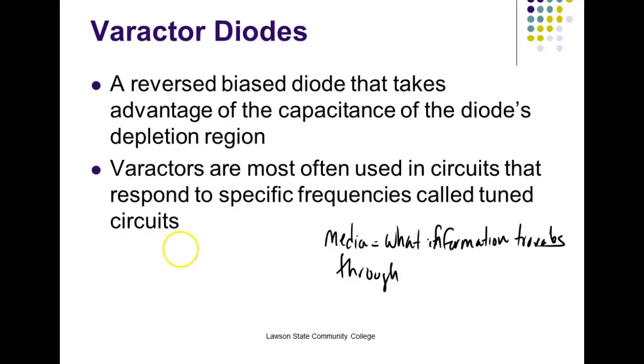And then we have a term called multiplexing. Anybody ever heard of that term before? What's that? Yeah, when we let more than one information source share a common medium.